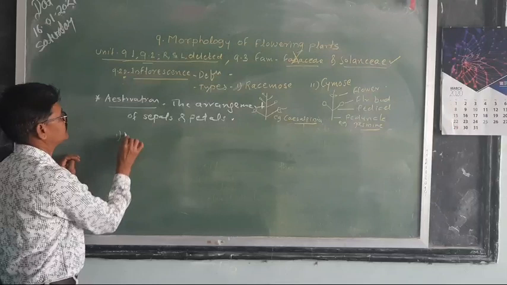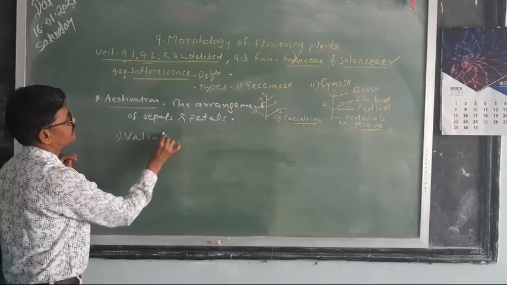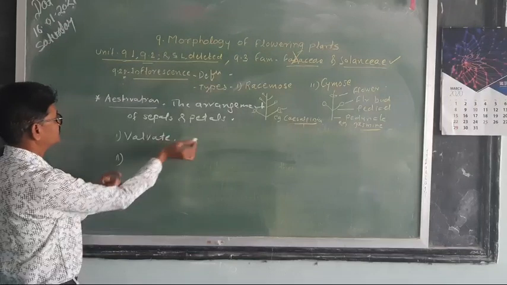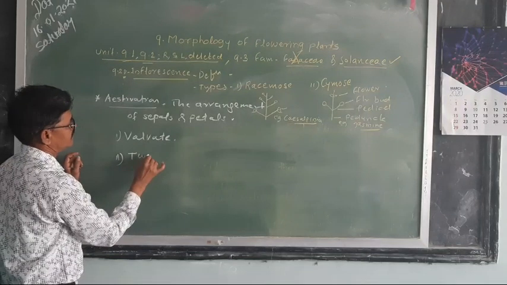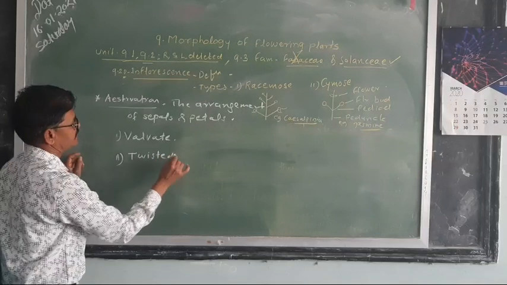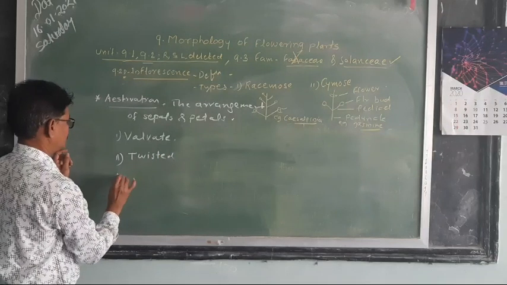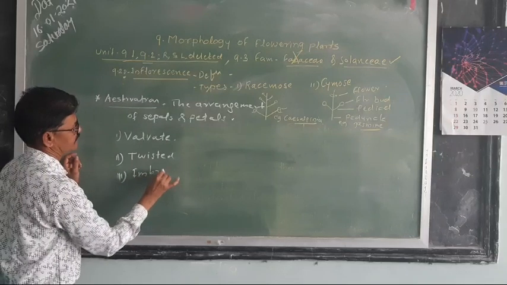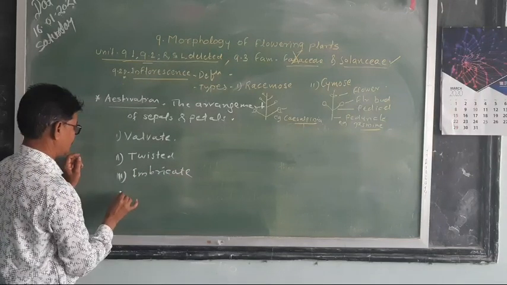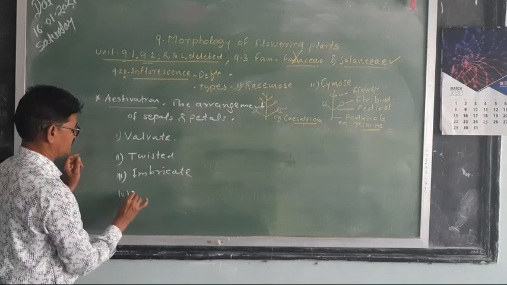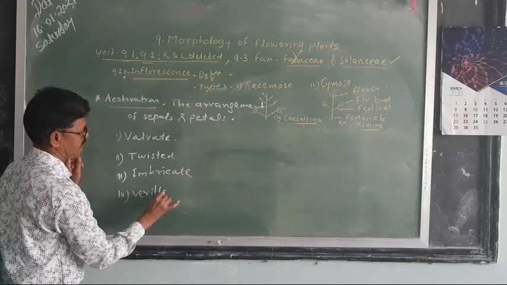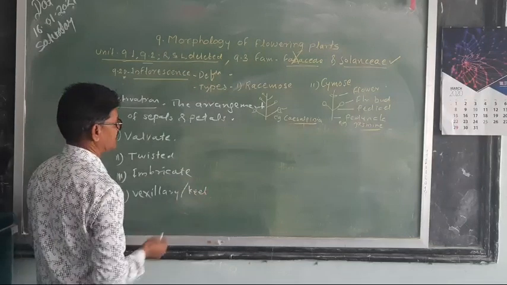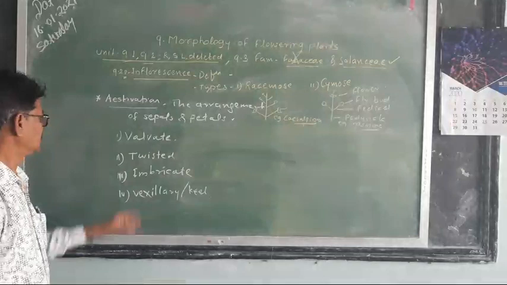One is valvate, second one is twisted, third one is imbricate, and fourth one is vexillary or keel type of the aestivation.